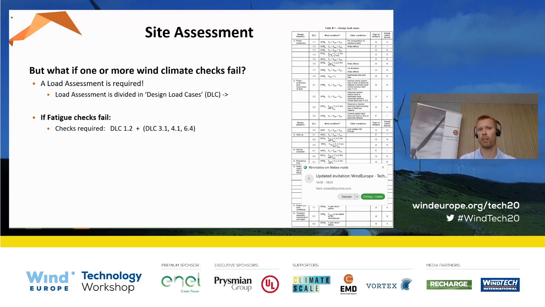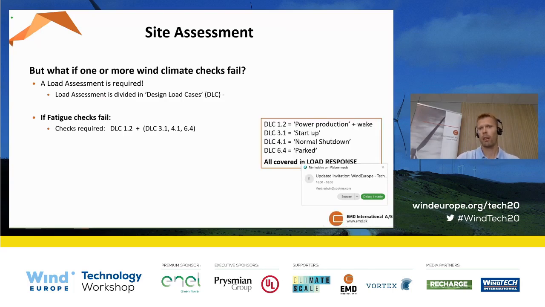They relate to fatigue. So that's the DLC 1.2, which is normal operation, power production, and then we have 3.1, 4.1, and 6.4, which are startup, shutdown, and parked. And they are all implemented in our load response module in windPRO.